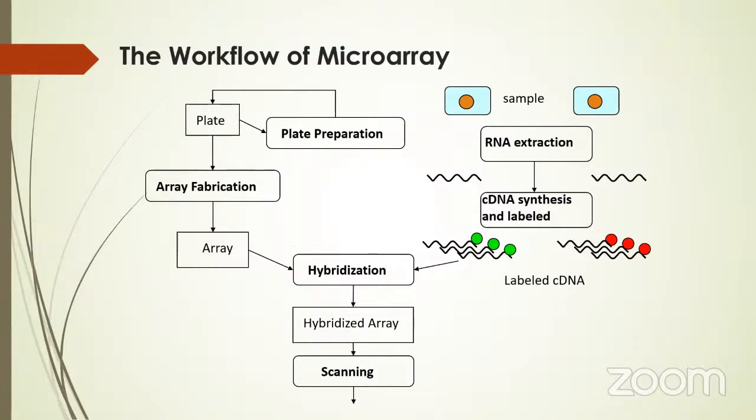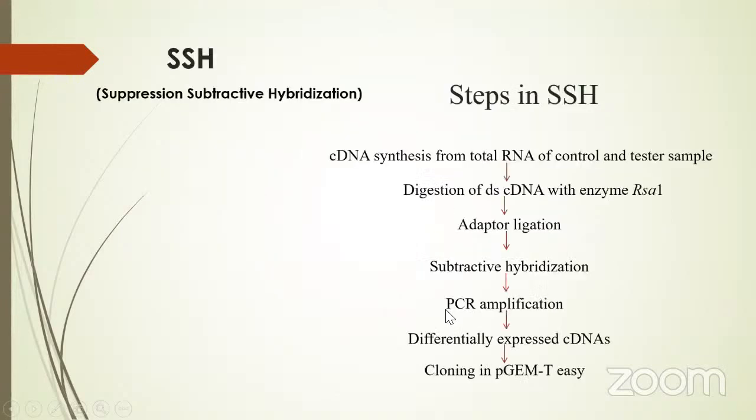So this is the process: you have a sample, you have extracted the RNA, and converted it into cDNA. Now you prepare an array, a plate, and you put each single gene in a well, and now the array is ready. Now you do the hybridization. After scanning, you get the result.